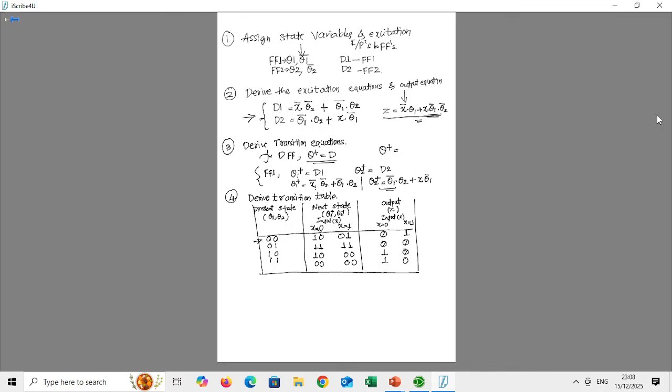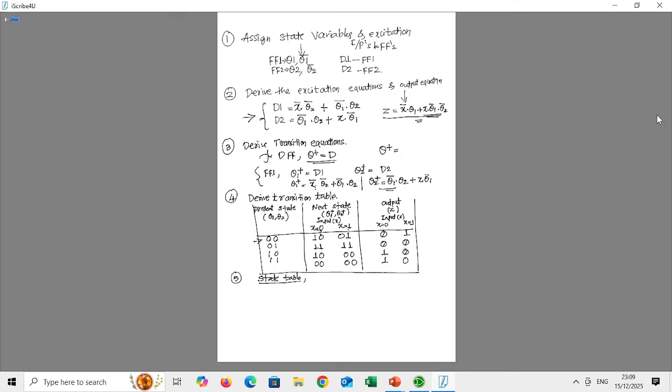Now, the fifth step. The fifth step is to convert the transition table into a state table, that is, generate the state table. So what is a state table? A state table is nothing but representing all the states, which are in binary form, using alphanumeric symbols.